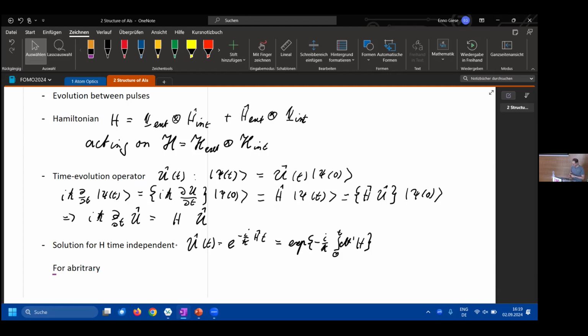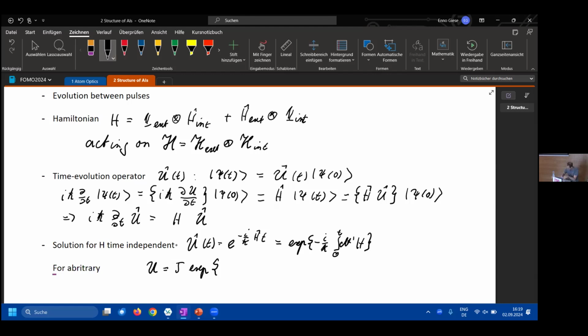We are not discussing this right now, but it is the time ordering operator times this exponential, where Hamiltonians at different times are evaluated to the left. Now I have to get it right.